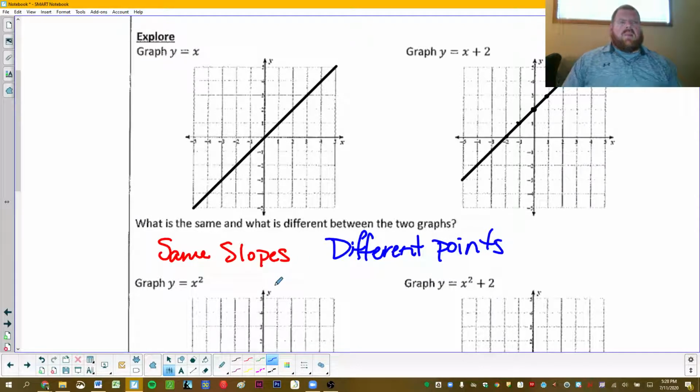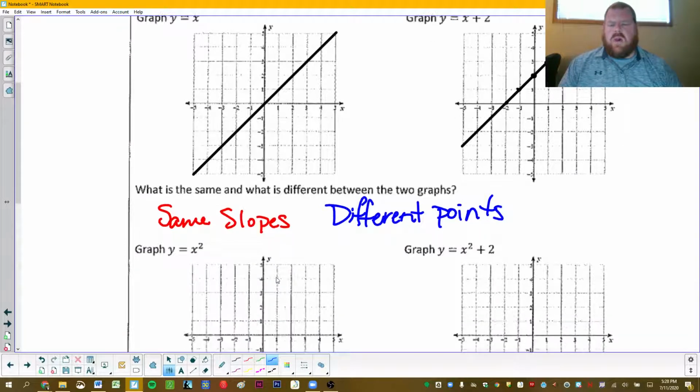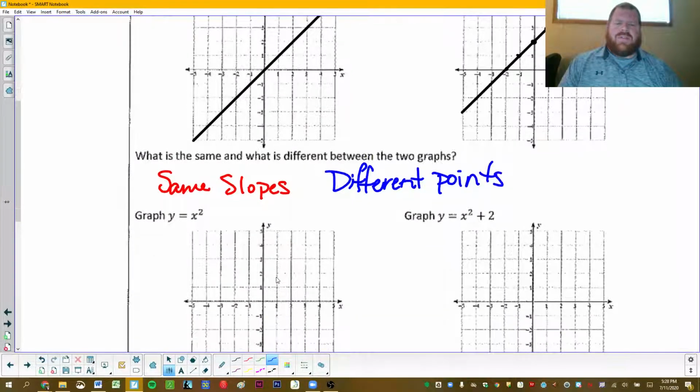But you can say those things however you want to. What's different? You could say just the starting point, the y-intercept, is different, but that causes everything to be different once you have the same slopes between the two lines. So there's a lot more hidden that's the same and different in these two graphs.